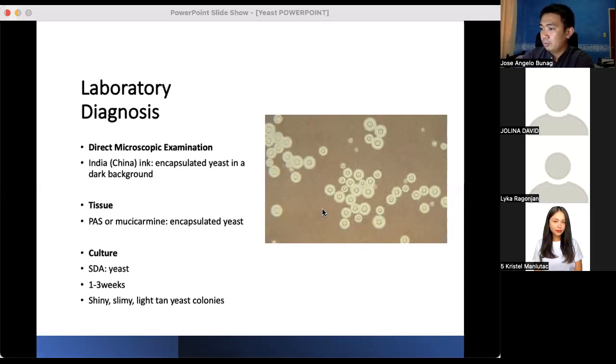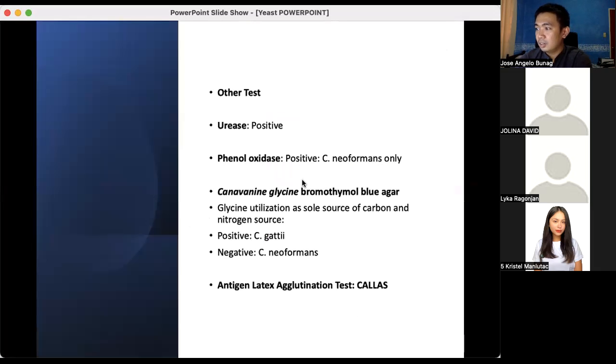Okay, moving on. Let us add to what we know about culture media. It is not limited to SDA. We also have other culture media such as Niger seed agar. It is also called bird seed agar. This is also known as Staib agar.